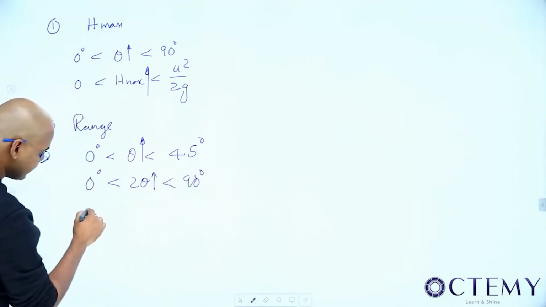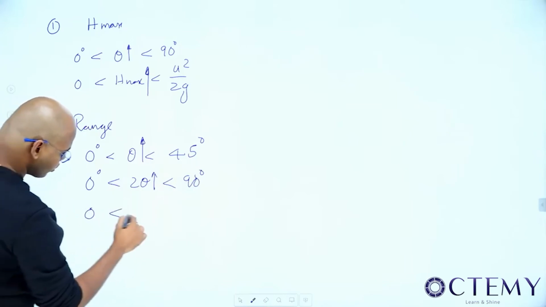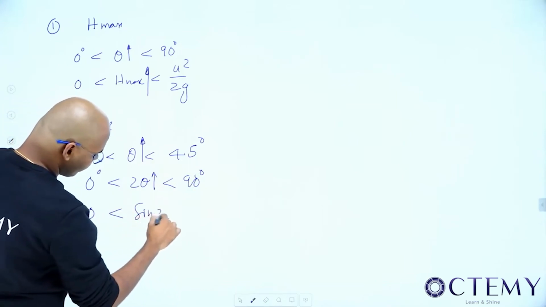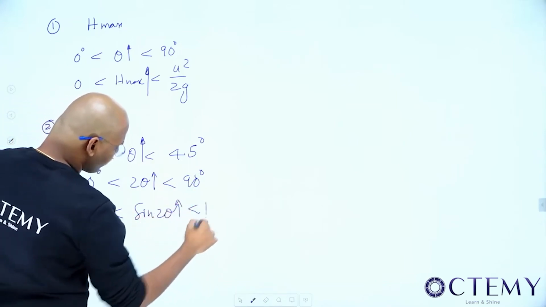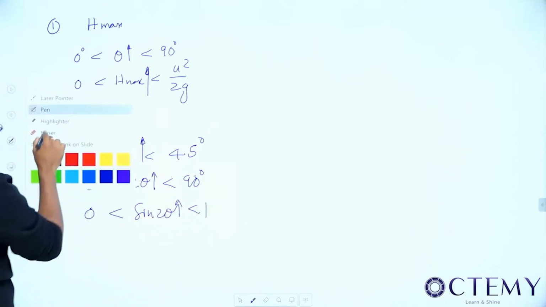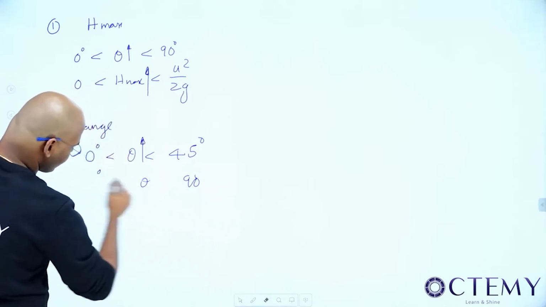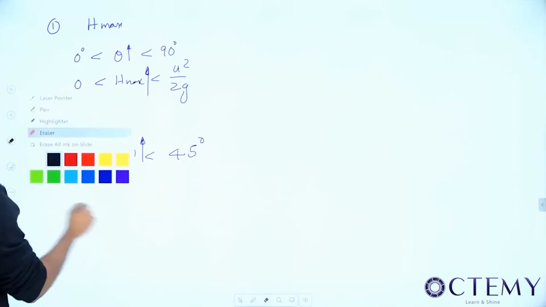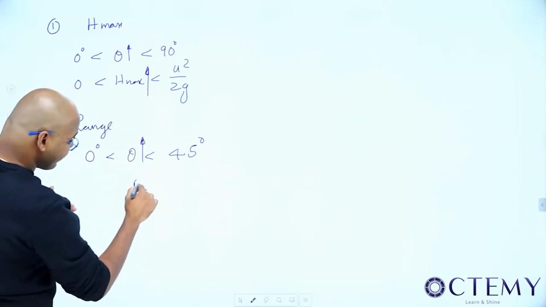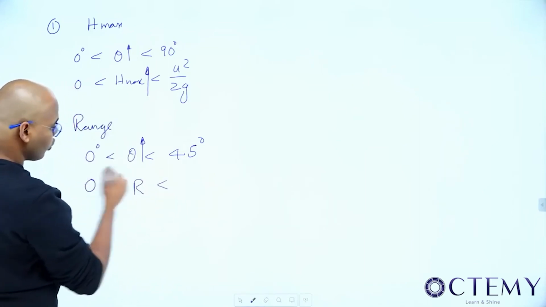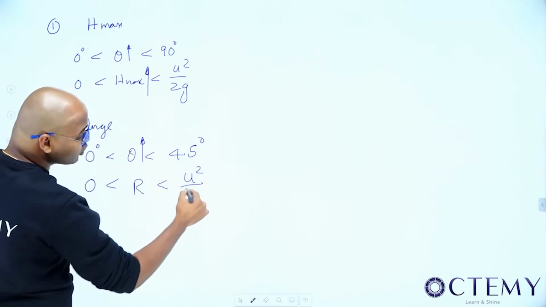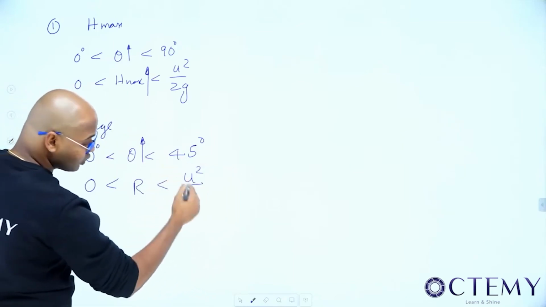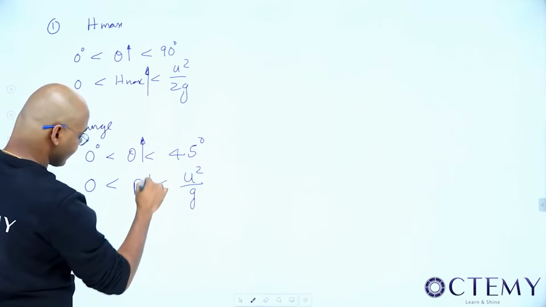So sine 2 theta will change from 0 to 1. If it is changing from 0 to 1, what will happen to my range? I want space, sir. That's why I'm just writing and erasing. Range will increase from 0 to U square by g, since sine 90 is 1.